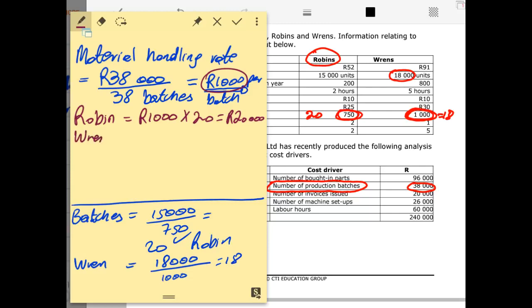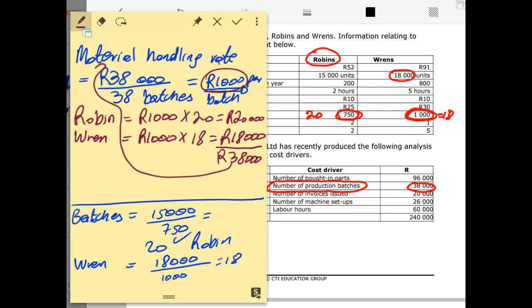Then we go to Ren, and we say our rate, which is 1000 times by 18, and that will give us 18,000. And if you say 20,000 plus 18,000, it should give you the same 38,000 rands, which is the 38,000 rands that you were allocating. Don't forget, this is the amount that we were allocating.